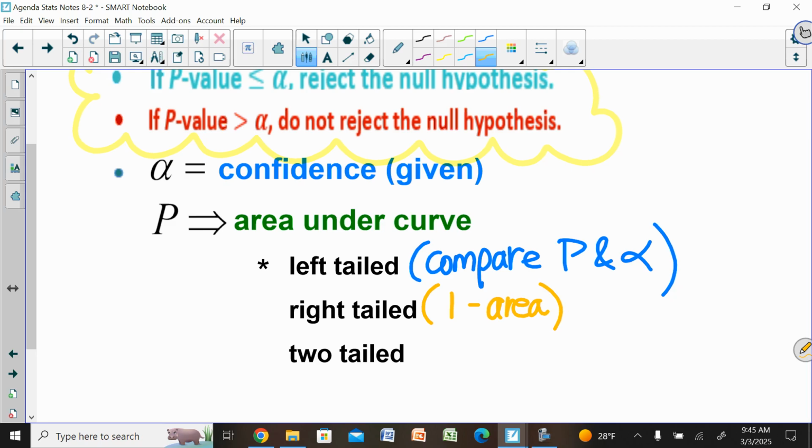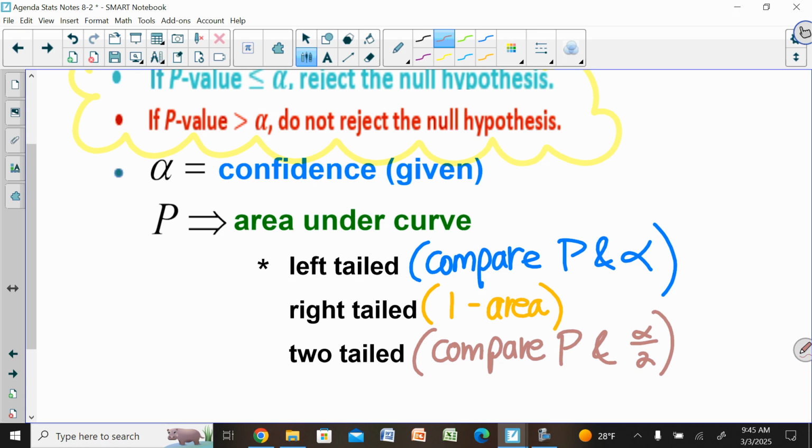Because it's right-tailed and everything that's given to us on the z-table is to the left. We can go back and talk about that, and we'll draw pictures while we do these. If it's two-tailed, don't forget to compare p and half of alpha. Alpha over 2, right? Because it's two-tailed and we're splitting that alpha between the 2 sides.